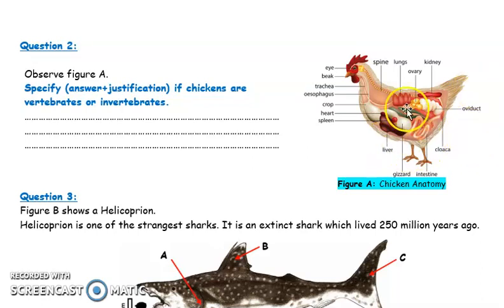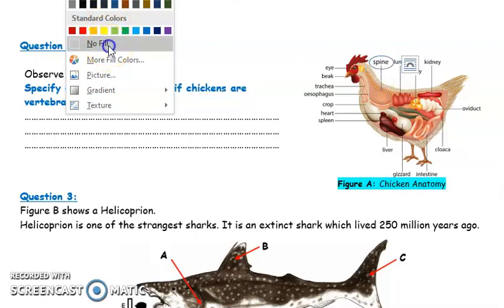Let's read the chicken diagram. Chickens have eyes, a beak, a trachea, a heart, a liver, intestines, but they also show, I will circle this, a spine.